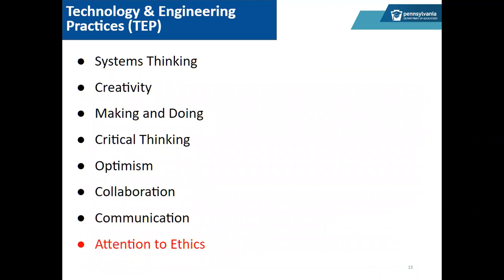Of the 8 technology and engineering practices that you see here, attention to ethics is the primary practice identified within the foundation box. This is the primary technology and engineering practice for this particular standard, even though students may be using other practices on their way to achieving a standard.